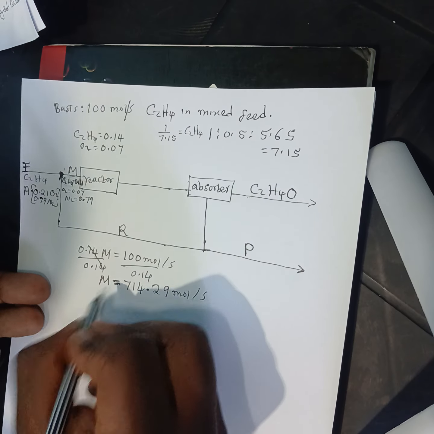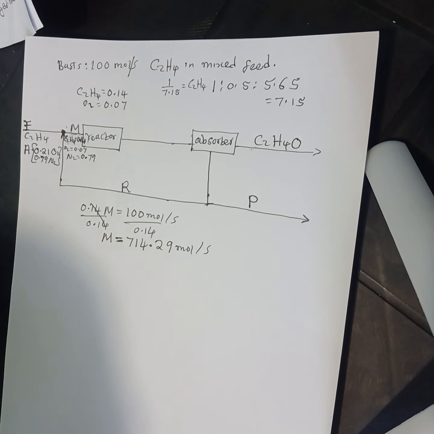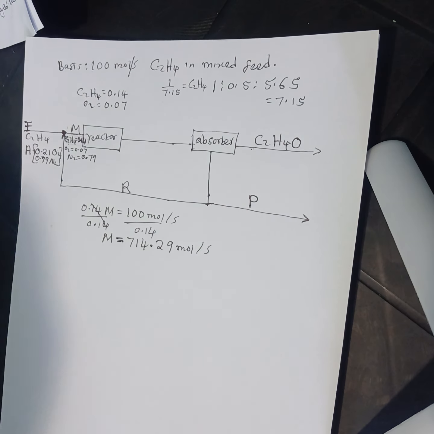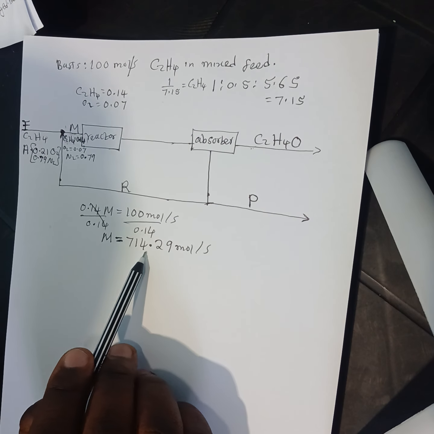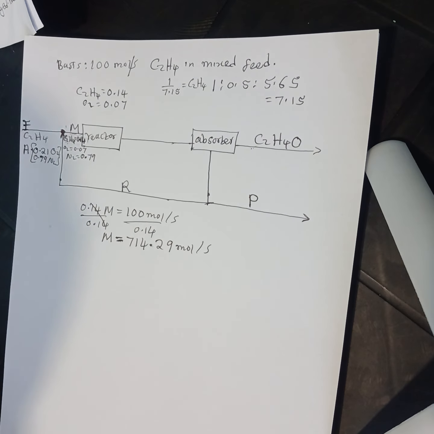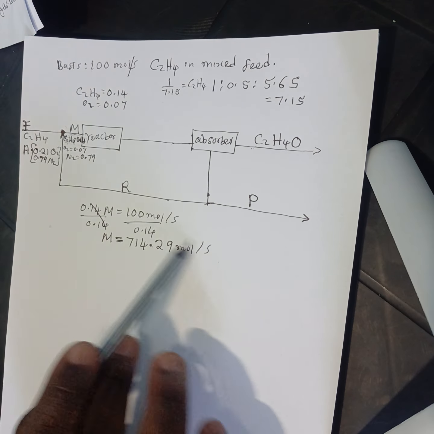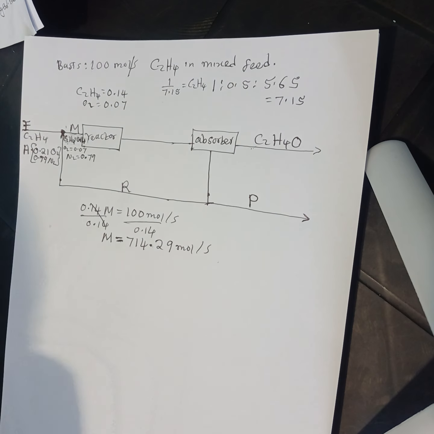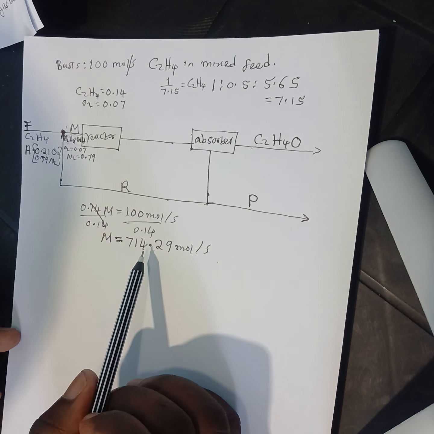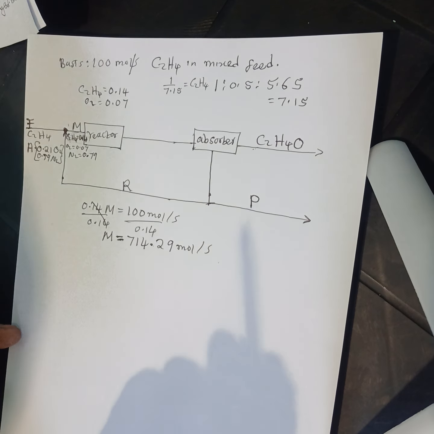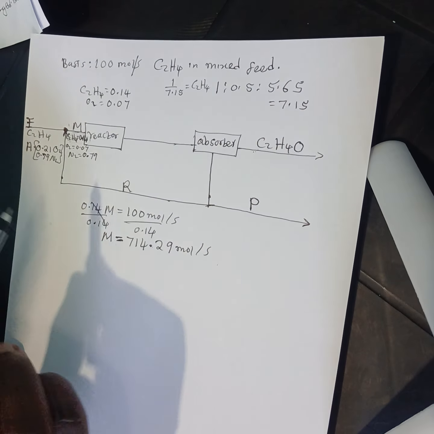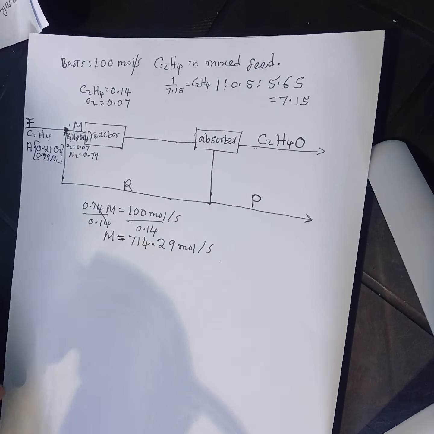This is the sum of the fresh feed plus the recycle feed, which is the amount entering the reactor. Meaning at this point, it is easy for us to determine how much nitrogen and how much oxygen is going into the reactor.